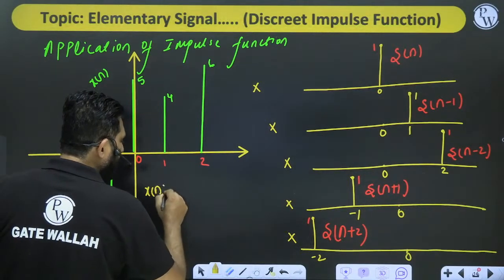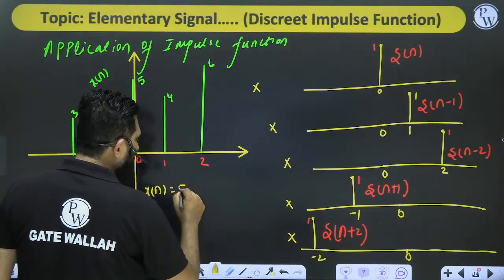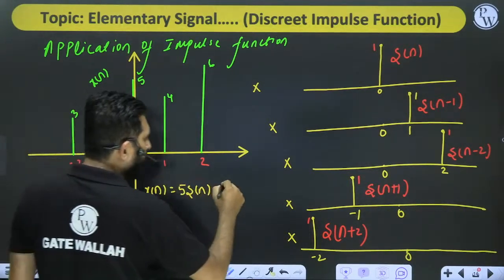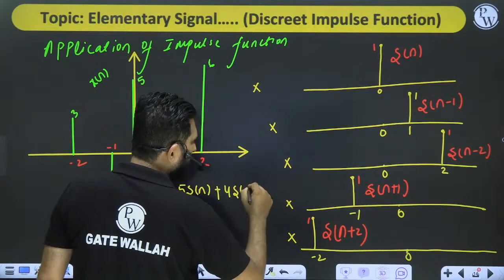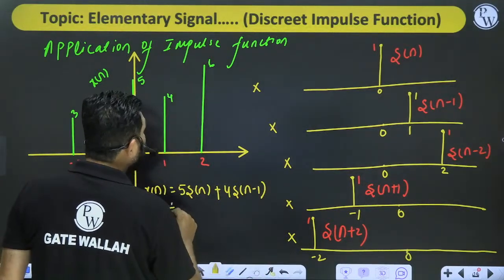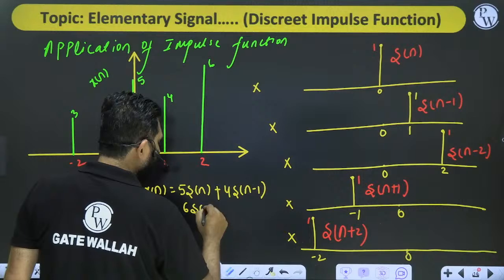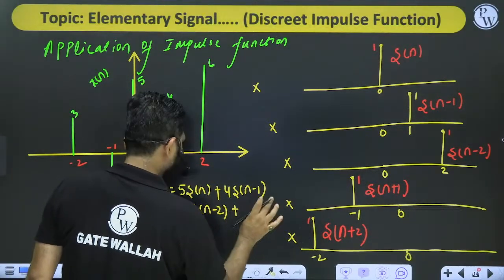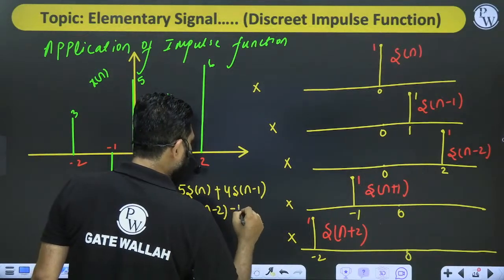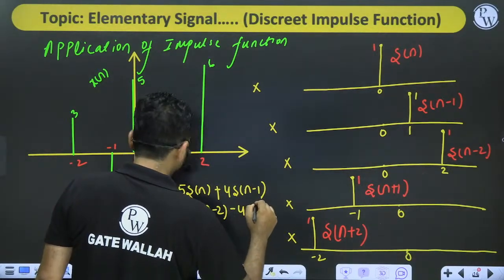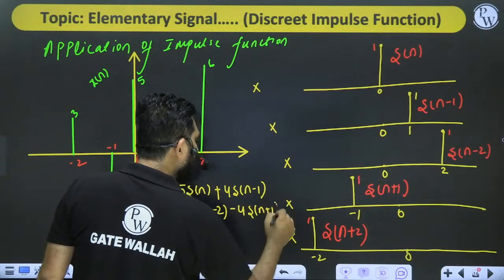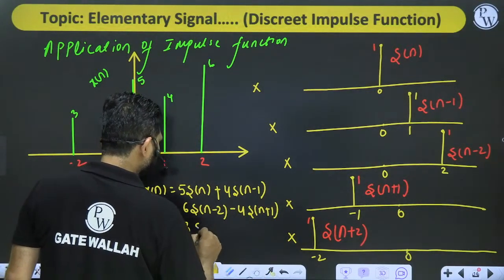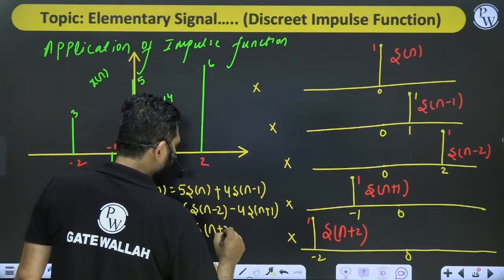This xn can be written as 5 delta n plus 4 delta n minus 1 plus 6 delta n minus 2 plus, actually, minus 4 delta n plus 1 plus 3 delta n plus 2.